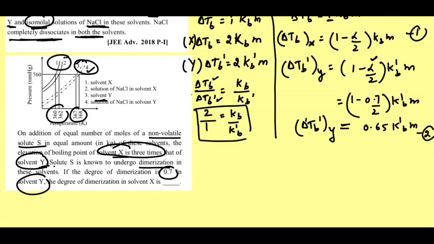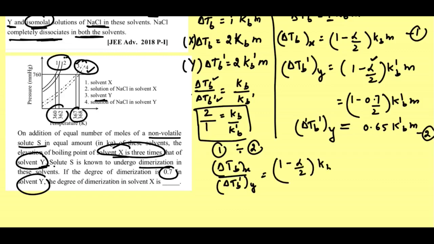This is my equation 2. Now I will divide the first equation by the second. I get delta Tb of X upon delta Tb dash of Y is equal to (1 minus alpha by 2) Kb divided by 0.65 Kb dash.